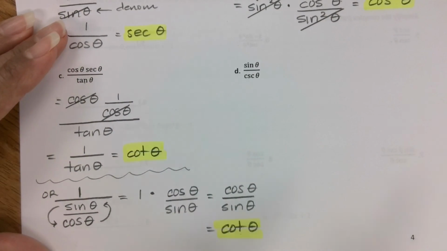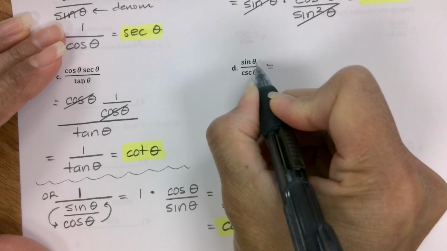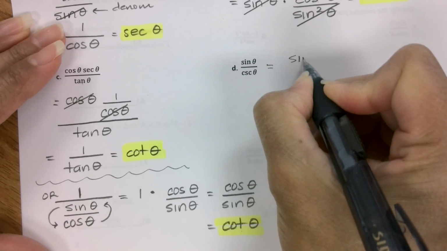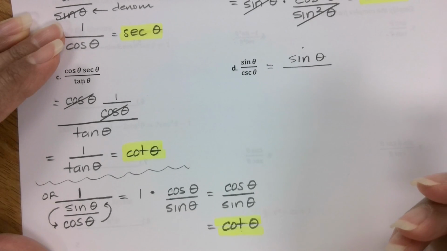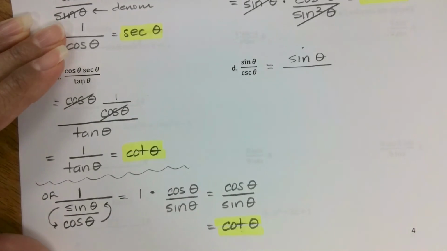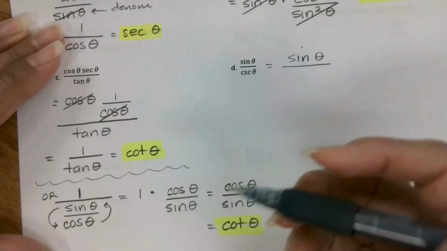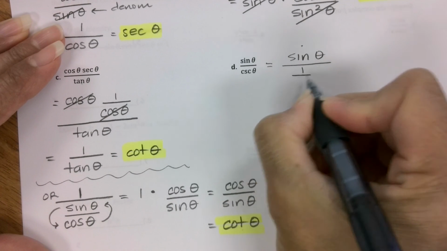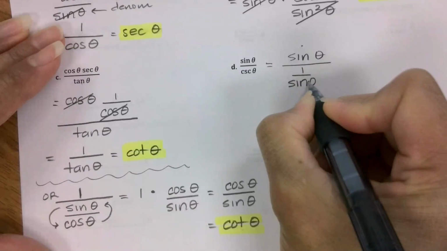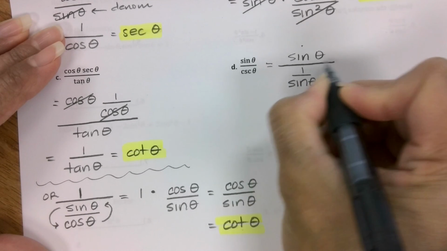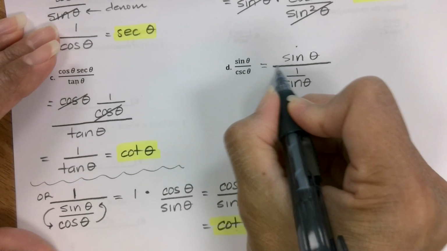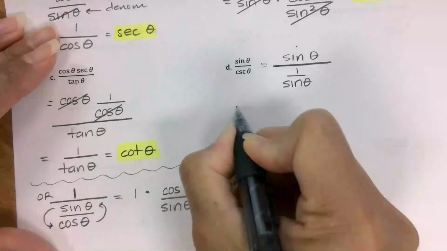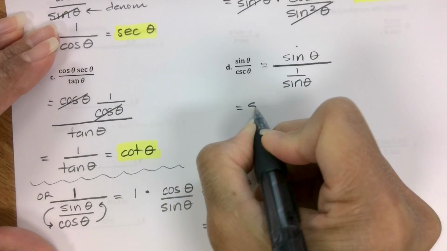Okay, last one. Sine theta, we don't change it, over cosecant theta. Well, cosecant theta is the reciprocal of sine. So this is my main division bar. I always make it a little darker just to make it a point, or a little bit longer. I don't know if you've noticed that. This one stays the same.